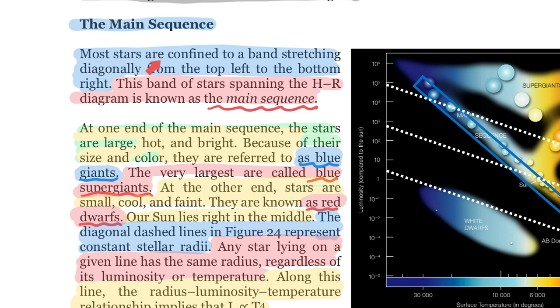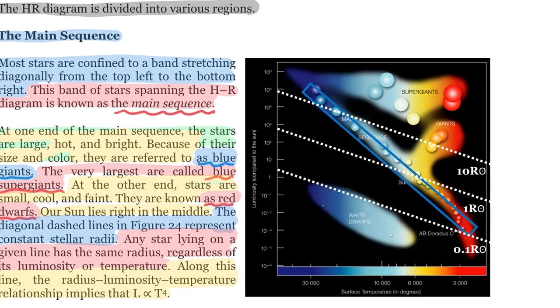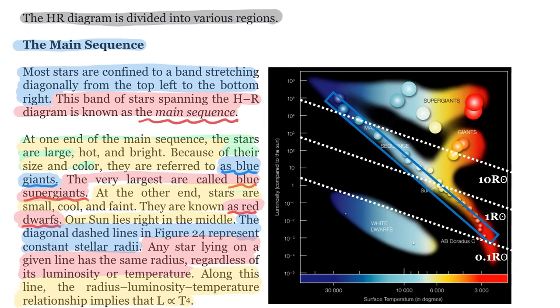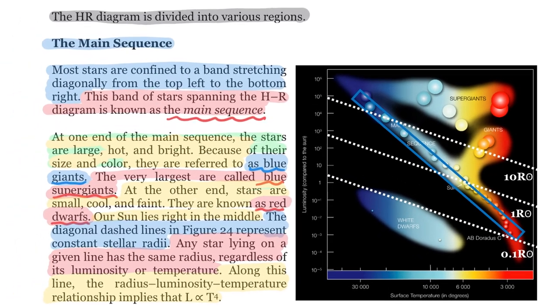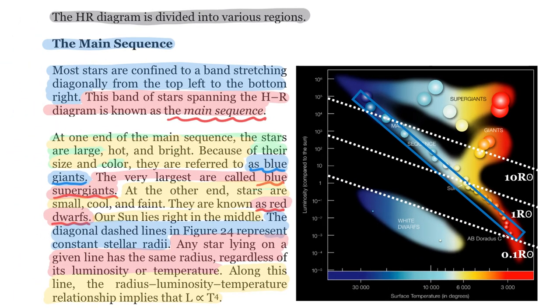Most stars are confined to a band stretching diagonally from the top left to the bottom right. So we're looking here, we can see that most stars are to be found from the top left all the way down to the bottom right. So at the one end of the main sequence, the stars are large.